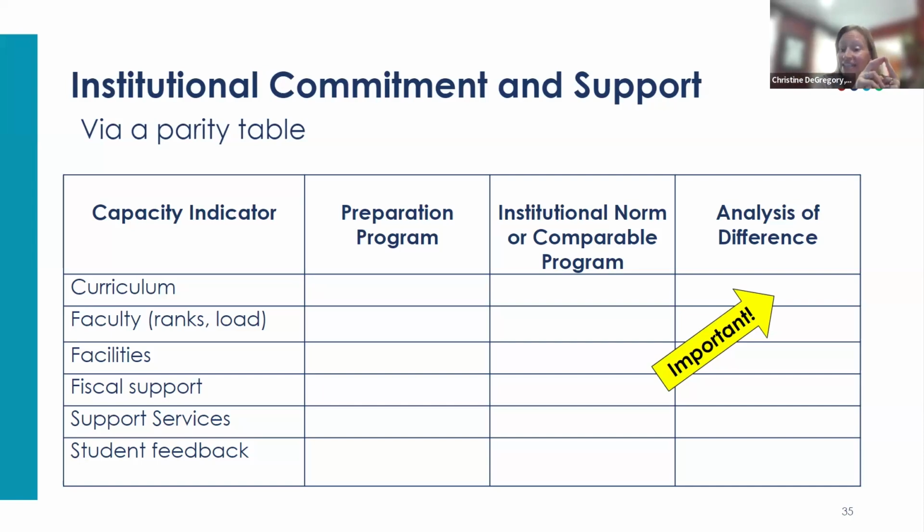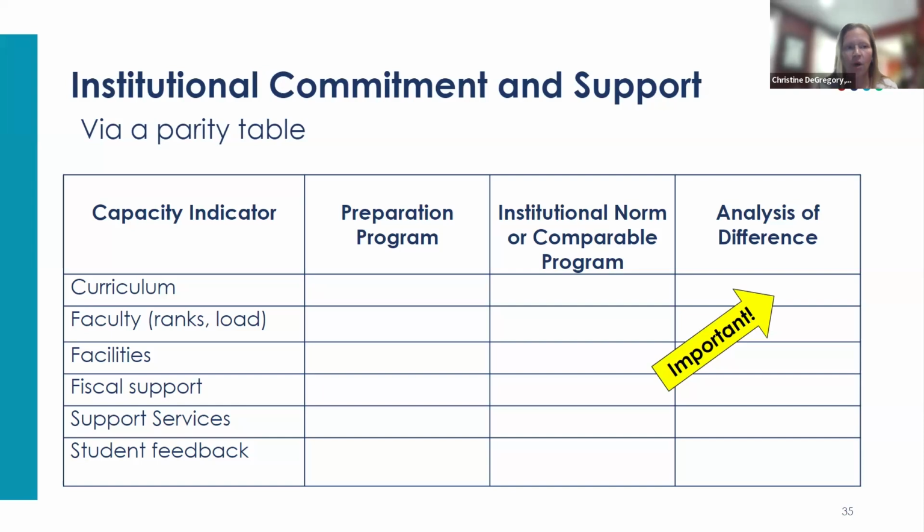And it might be with salary. I know sometimes, if you have a really small program, you can't quite get into those weeds, but we have seen where providers will be able to pull out full-time salary for their faculty and compare to the program to which they're comparing themselves. Support services and student feedback, what is offered to those candidates?